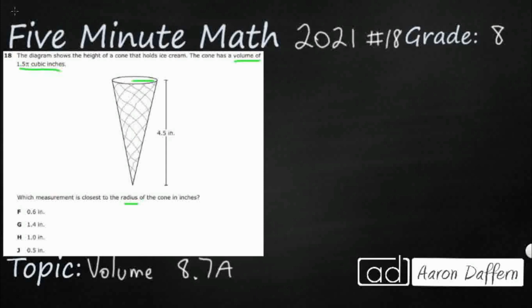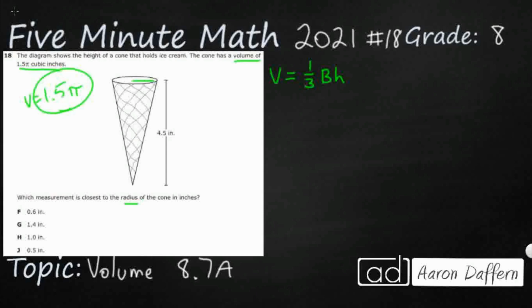Okay, well let's look at the equations that we do know, right? So volume for a cone, right? This works for either a cone or a pyramid, is 1/3 base times height. And so let's plug in what we know. And this is where we need to really think about what we do know, because we know our volume. Our volume right here equals 1.5 pi cubic inches.